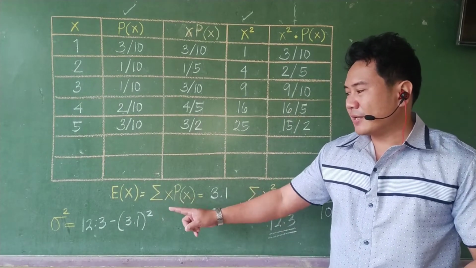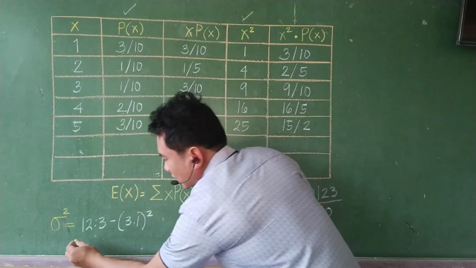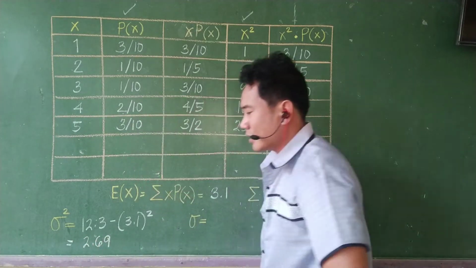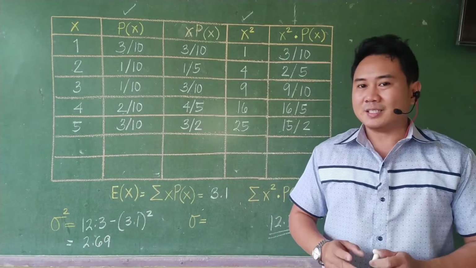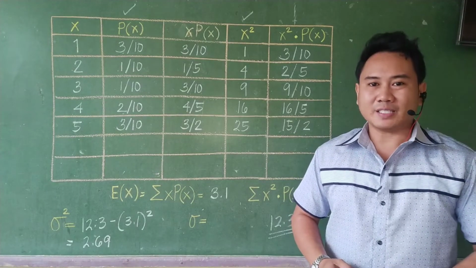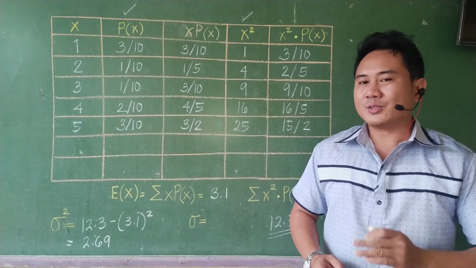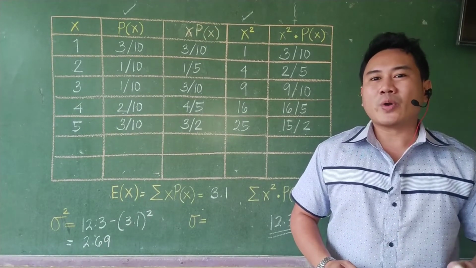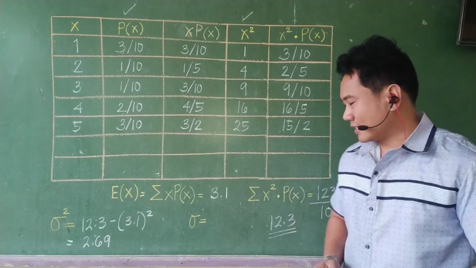12.3 minus 3.1 squared equals 2.69. 2.69 is our variance. And to solve for our standard deviation, we have to take the square root of our variance.